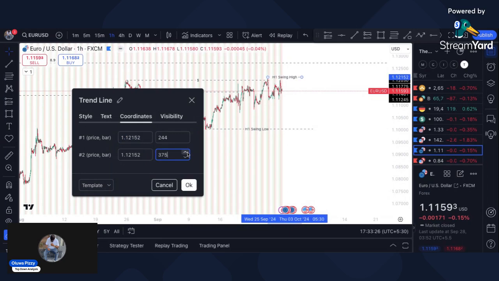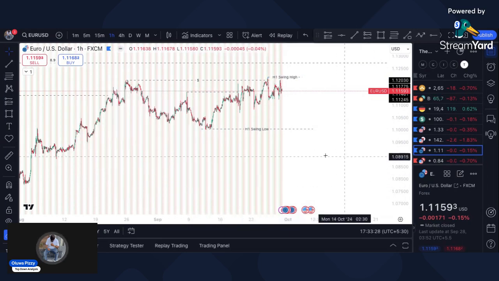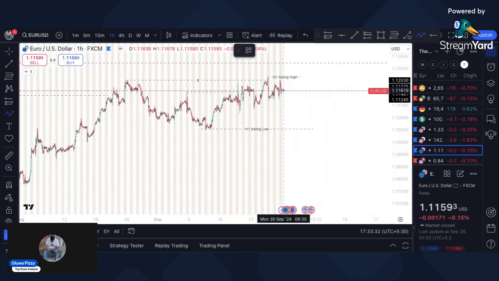What we'll be expecting for the week. So right now, market is here. It's closed already. By tomorrow, Monday, market will open.